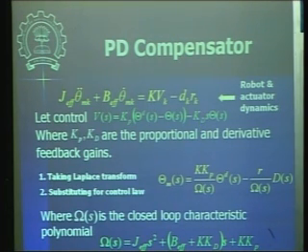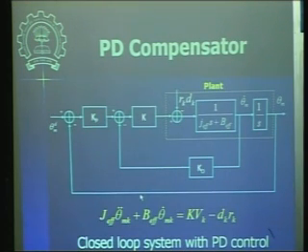Okay. Now this whole thing can be represented in terms of a block diagram in the following fashion. You can see here, this is your plant, or this is your robot manipulator.